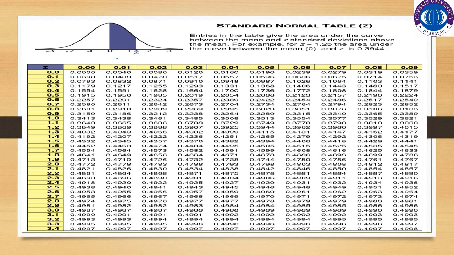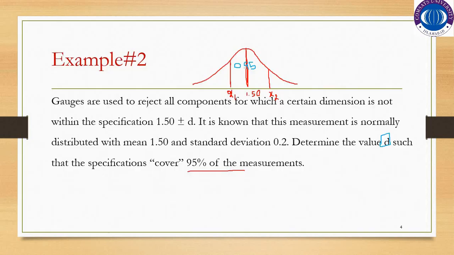So we are bound to use this table in this way, because we can read this table only if we have the area between the mean and the specific value z. For this purpose, we split this 0.95 into two parts. As d is the same value, we are adding and subtracting the same value from the mean. So obviously the magnitude will be the same, but in opposite direction. This would be negative and this would be positive in the standard normal distribution.